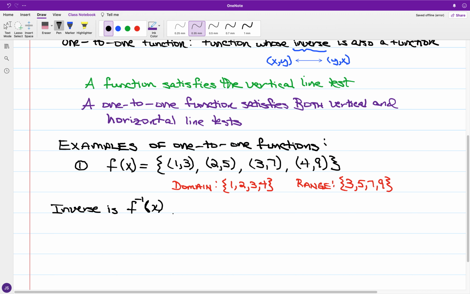So you have the inverse of f of x, and with the interchanging, what was 1, 3 in f of x, we're going to have in the inverse 3, 1.